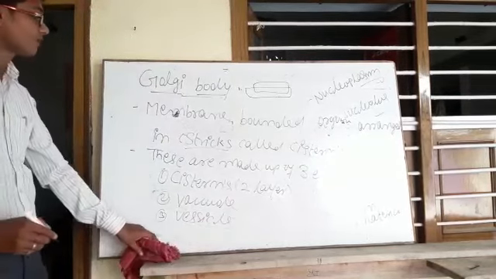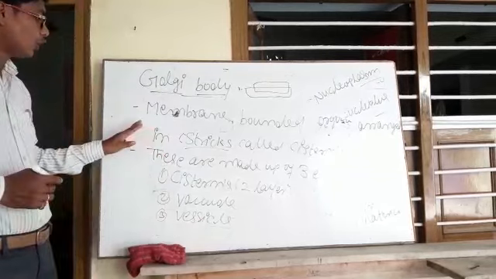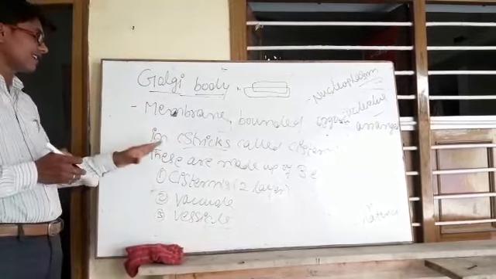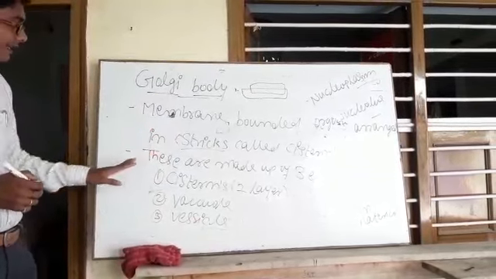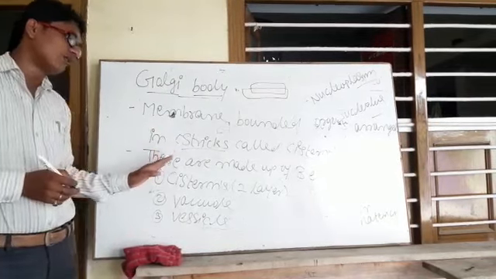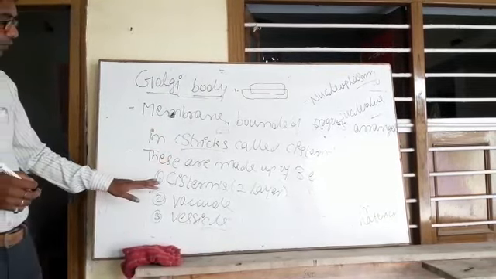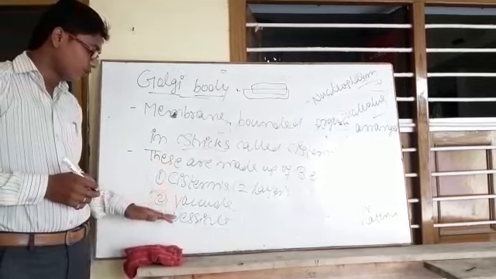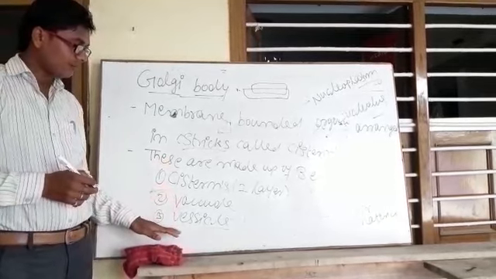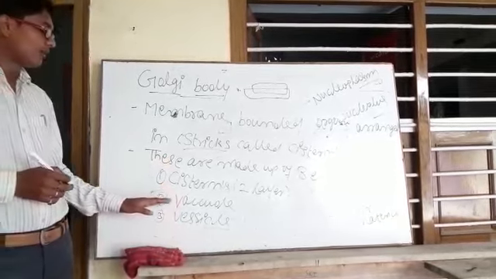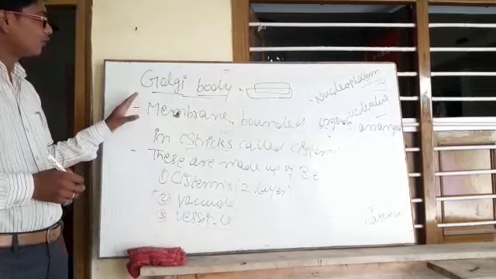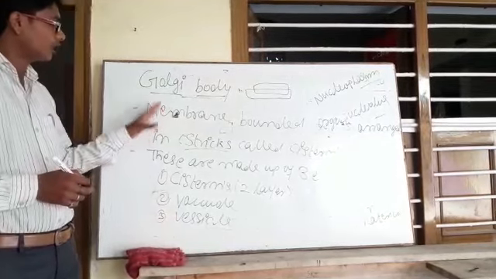Third, vesicle. So membrane bonded organelles arranged in a stack fashion are called cisternae. These are made up of 3 types of components: one is cistern, another is vacuole, and another is vesicle. All of them become arranged and then form the cistern, the Golgi body.